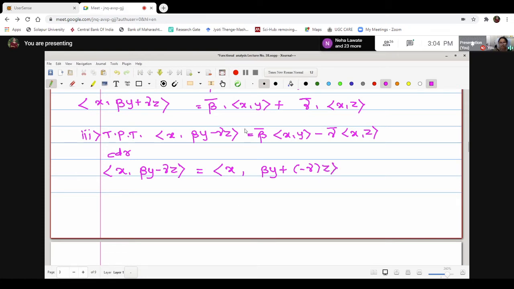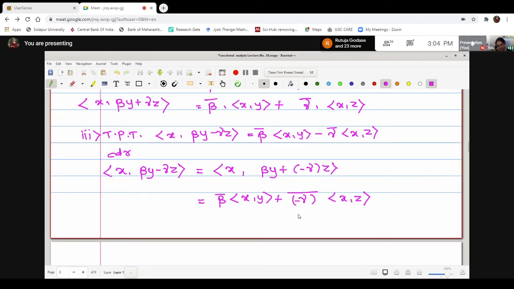Now what the third property tells us is that you can use the linearity, rather conjugate linearity it is called, right? Therefore, here we can separate this as beta bar times the inner product of x with y, plus minus gamma bar times the inner product of x with z. But what is the value of negative and minus gamma bar?